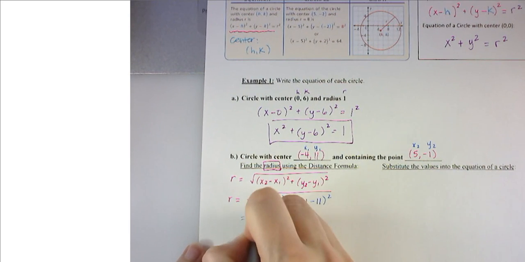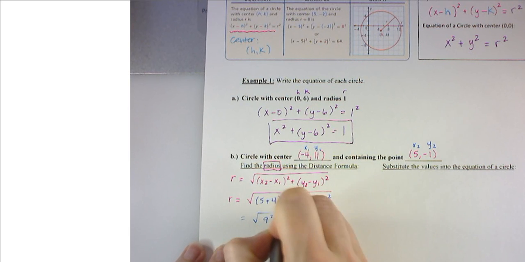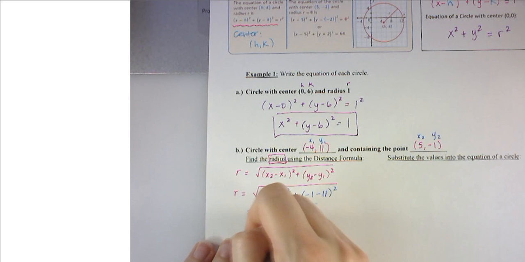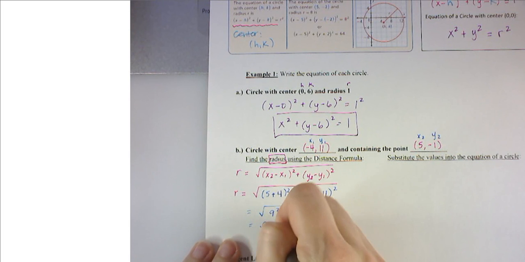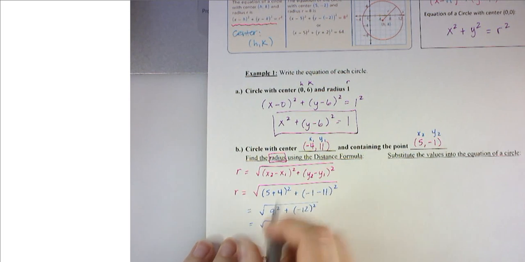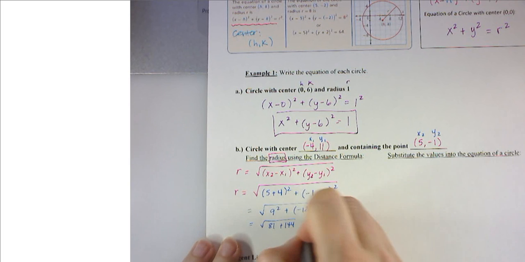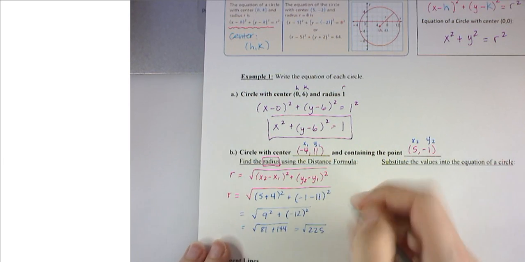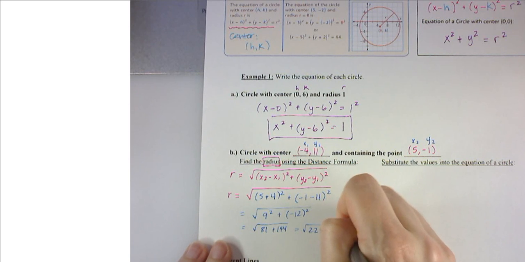So we know that that's 81 plus 144. Add the 1 to get 145. And then when you add the 80, you will get 225. The square root of 225 actually is a perfect square. It doesn't have to be a perfect square every time. So in this one, our radius is 15.